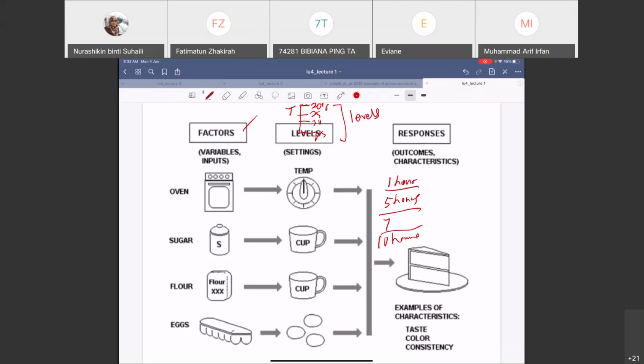Let's say you don't set the levels in your survey form. You can put ranges instead, let's say 1 to 4, maybe 5 to 9, 10 to 15, and maybe 15 to 20 hours.